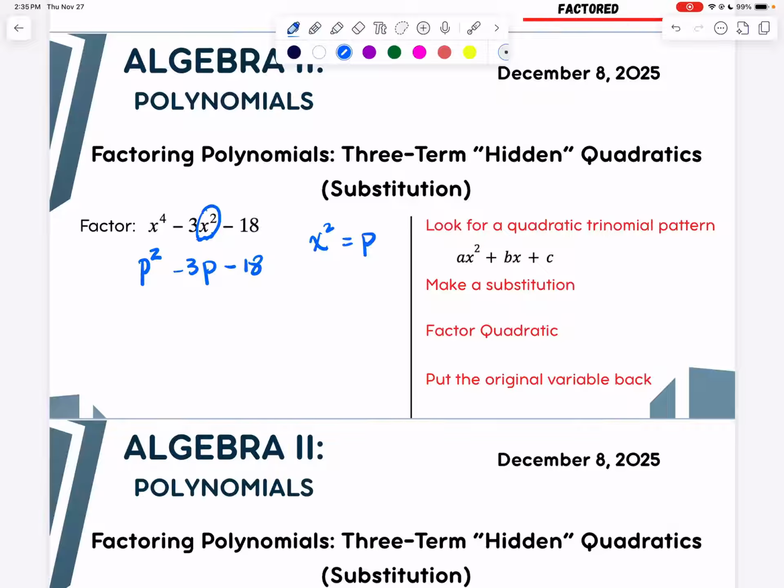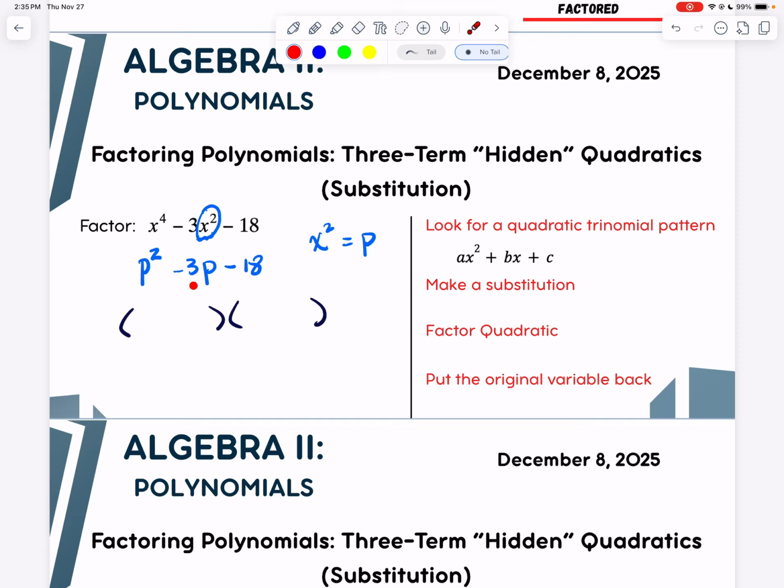All right, p squared works because that is x squared squared, which is in fact x to the 4th, which is what we want. So now looking at it with the p's, that becomes a lot easier to factor than what we were originally looking at. So now we can factor our quadratic. We're looking for two numbers that multiply to give us negative 18 and add to give us negative 3.